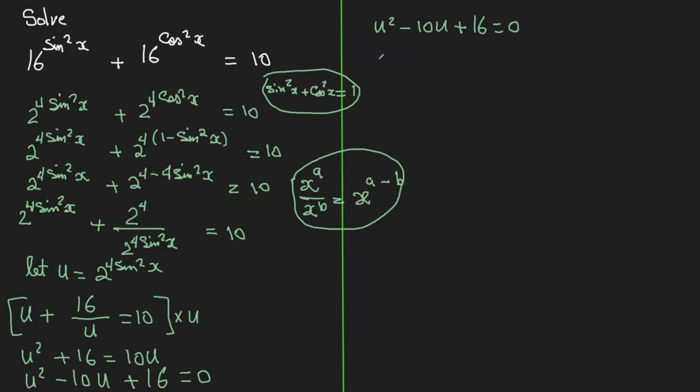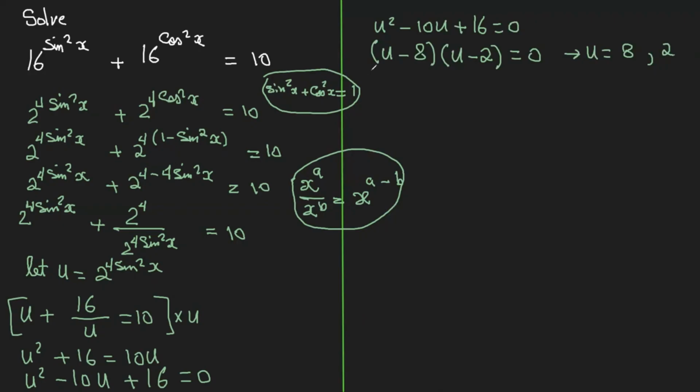And this will give me u minus 8, u minus 2 equals 0. Two numbers multiplied to give me positive 16 and add to give me negative 10. They are the negative 8 and the negative 2. And therefore, u equals 8 and 2.